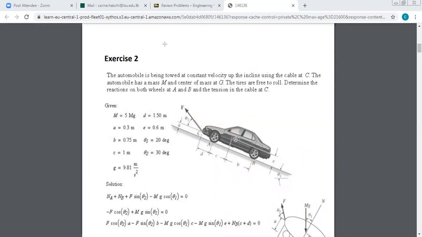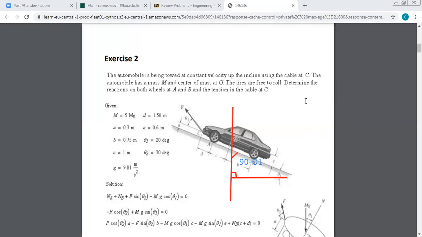You can say that the weight is along the vertical line, and the vertical line, of course, is perpendicular to the horizontal. Since the angle here is theta 1, then the angle of the weight with the incline, which is the x-axis, is 90 minus theta 1. And the angle of the weight with y-axis is theta 1.